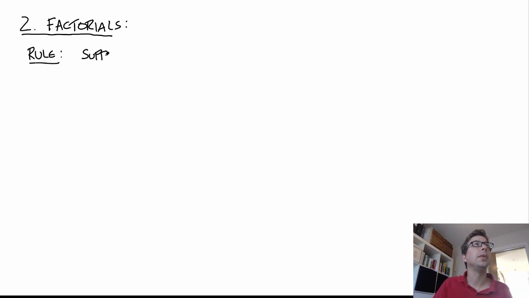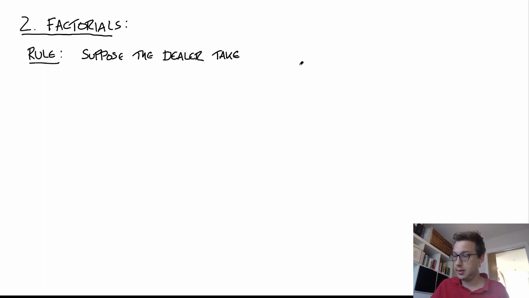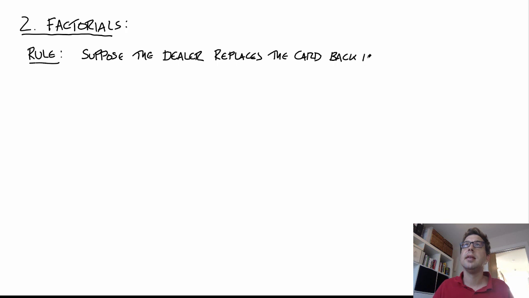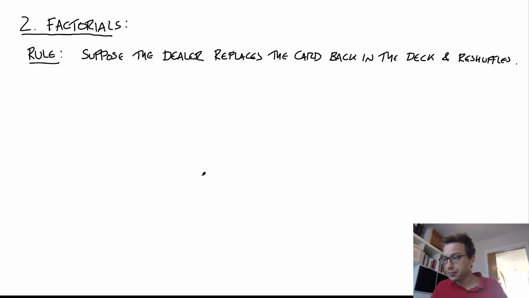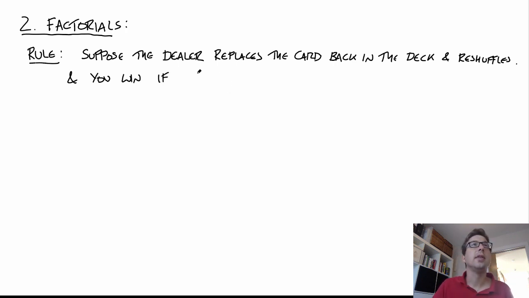So we suppose the dealer replaces the card back in the deck and reshuffles, and you win if you get ace, king, queen, but in any order.